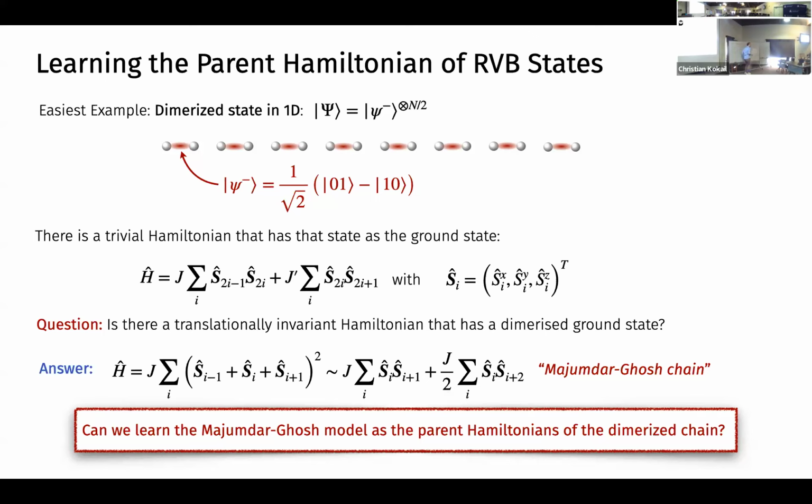Okay, and then I have an alpha 2 with next nearest neighbor couplings. And then maybe an alpha 3 with third nearest neighbor couplings, and so on. For the reason of time, I will not include the third nearest neighbor coupling in my ansatz. But believe me, if you do, this alpha 3 turns out to be 0 in the end.